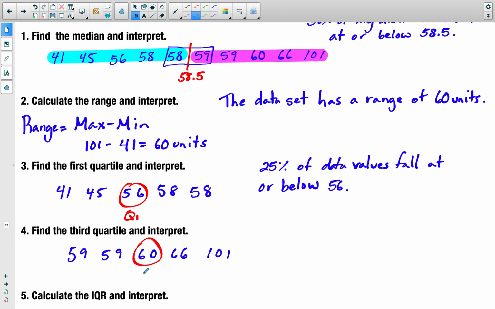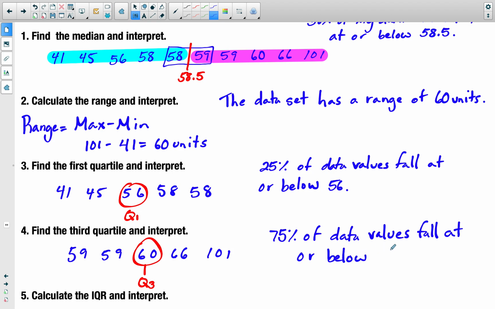And there's my Q3. And I'm ready to interpret it. Remember, 75th percentile, so 75% of data values fall at or below 60.